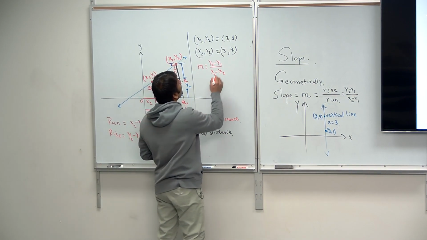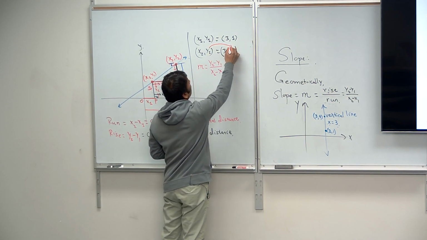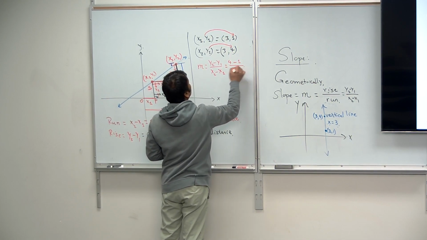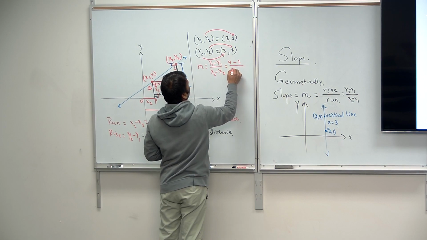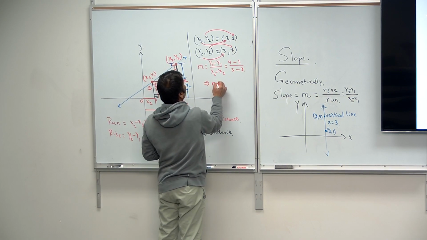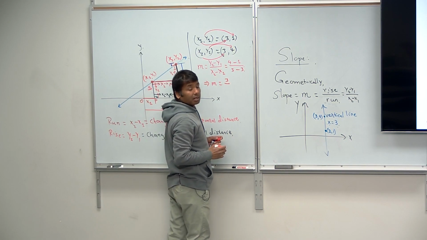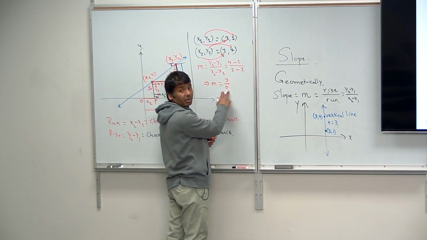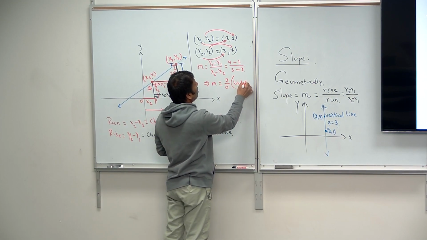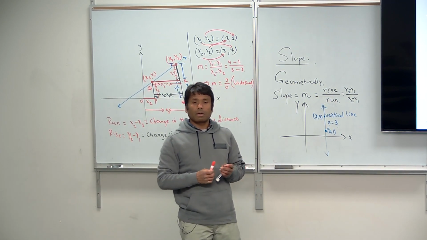So what is the value of y2? 4, minus the value of y1, 1. 4 minus 1 over, what is the value of x2? 3, minus the value of x1, 3. You see, m, slope, equals 4 minus 1, which is 3, over 3 minus 3. What is 3 minus 3? 0. And I told you, if you have something over 0, it will be undefined. So you see, this is undefined.